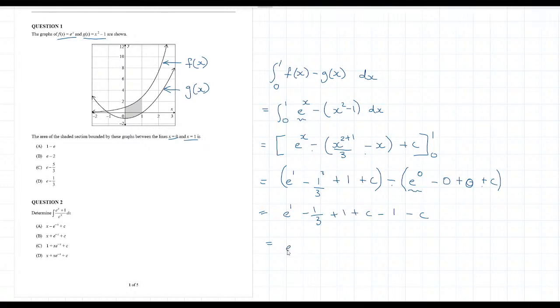So that's e to the power of 1 minus 1/3 plus 1 minus 1. So this plus 1 and minus 1 will cancel, so we're just left with minus 1/3, plus c minus c goes away as well. So the answer we get is e minus 1/3, which is D.